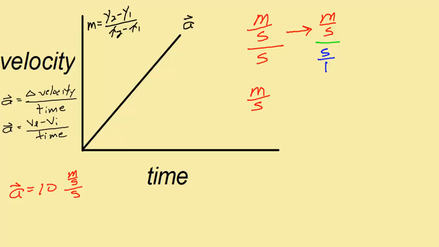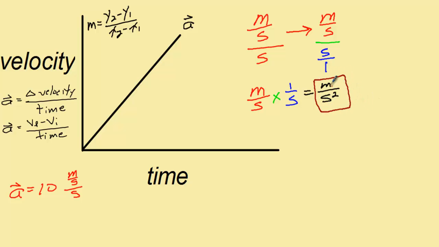We've got meters per second, and we can multiply that by the inverse of seconds over 1, which is 1 over s. And so this is starting to look pretty slick now. So meters times 1 is meters, and seconds times seconds is seconds squared. So there you have it, nice and neat, wrapped up in a little bowl.